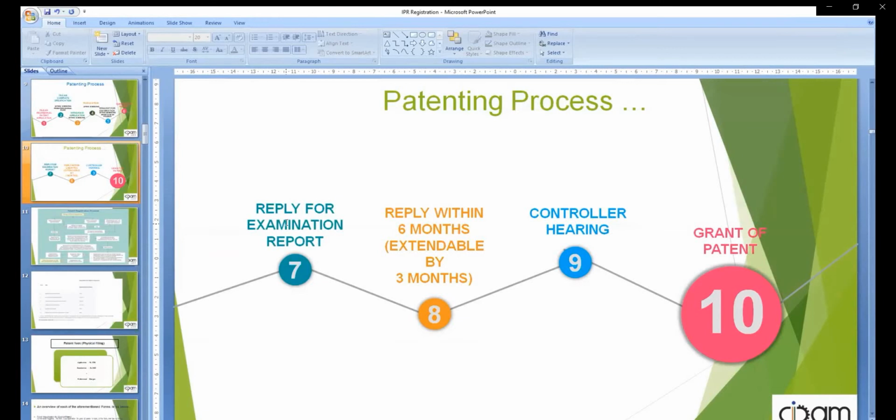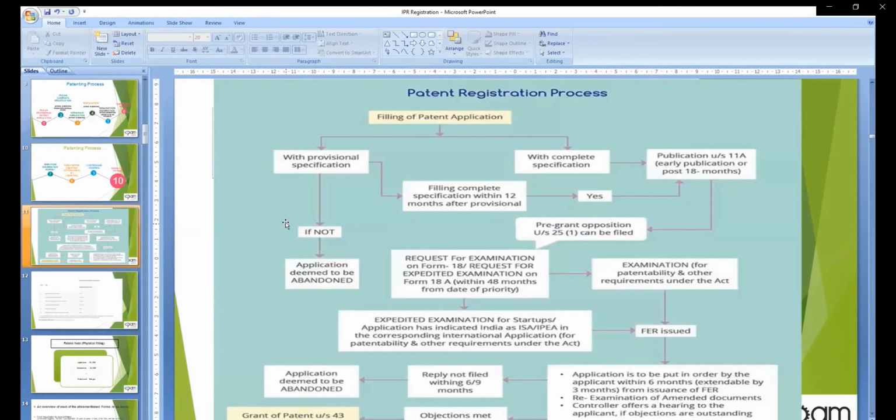Then the controller hearing is done, if some opposition is there or a hearing of the parties, and then the final grant of the patent. So this is the flow chart. You can see the filing of the patent application with provisional specification. Then within 12 months, we go for the complete specification. After that, there is publication at 18 months in the patent office journal.